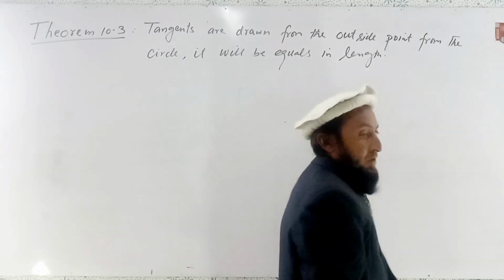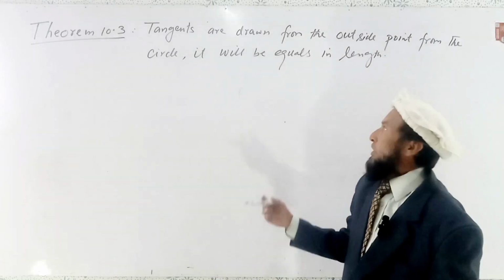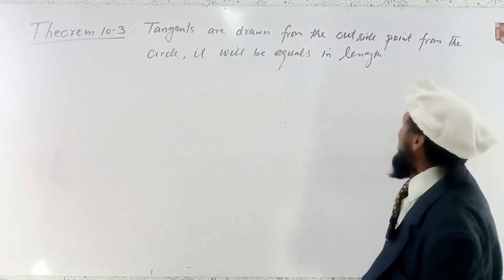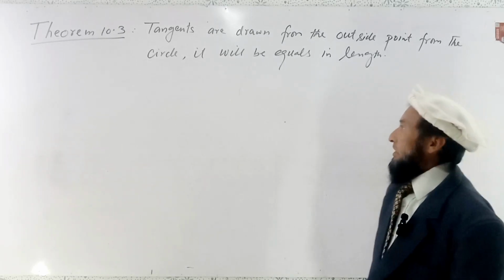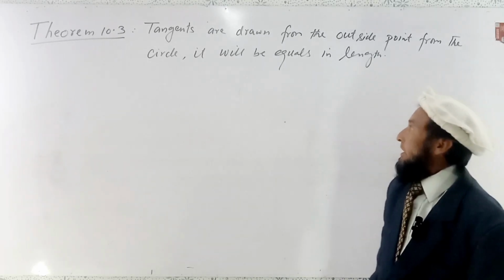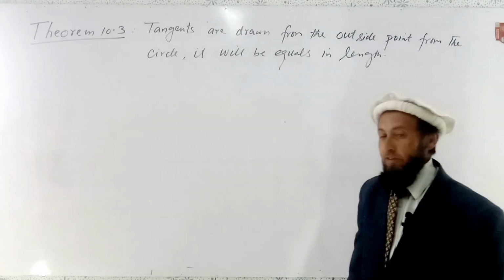This is the statement of the theorem, or we can say that two tangents drawn from any point outside of a circle are equal in length.